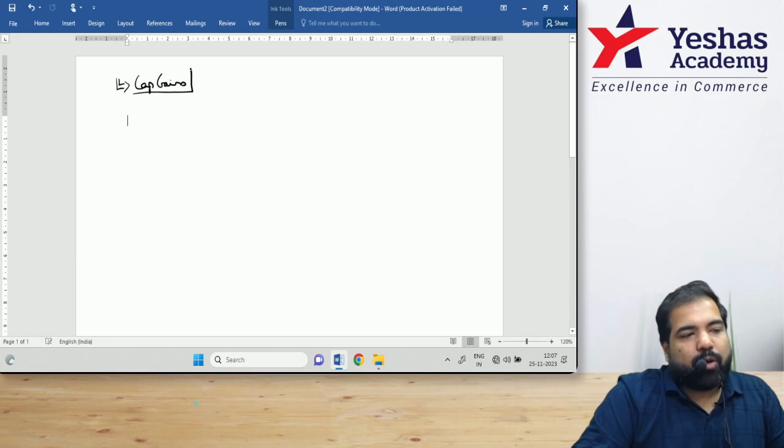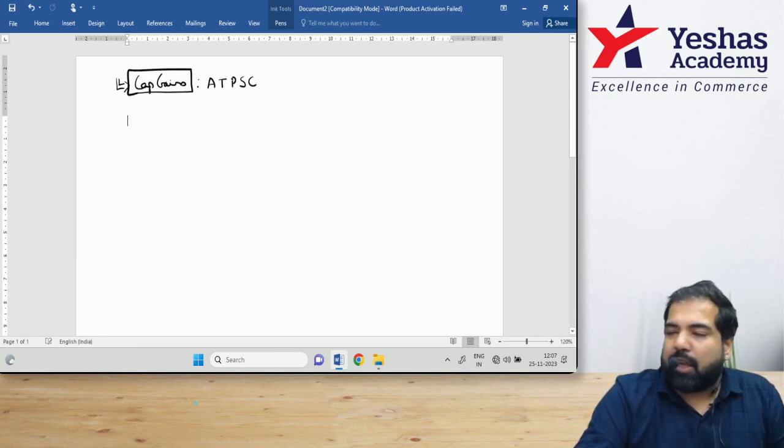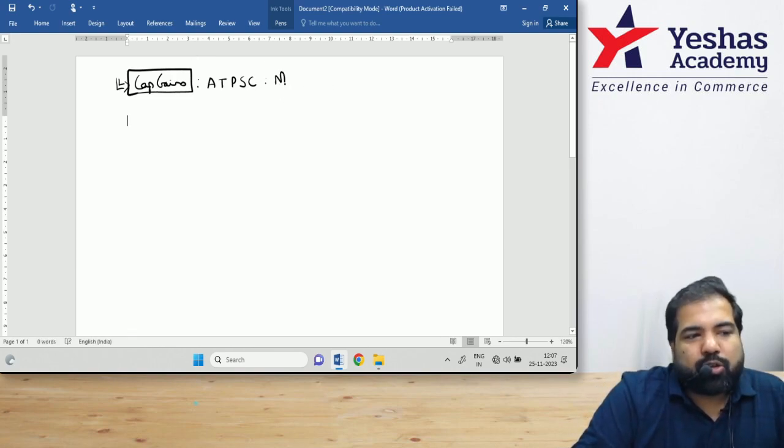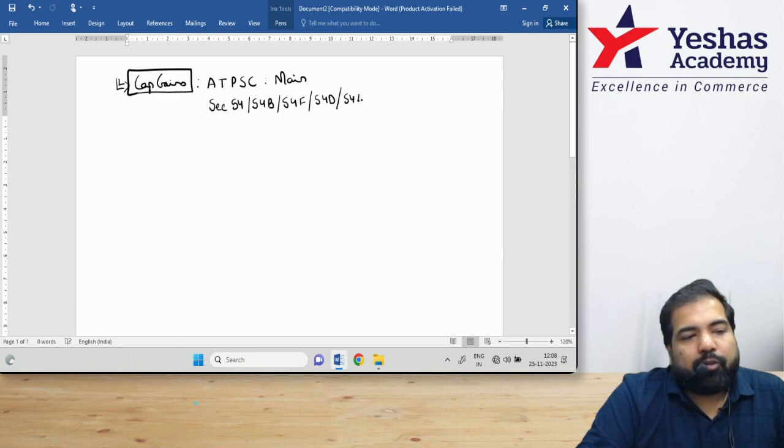Guys, capital gains, what was the shortcut? ATPSC. In fact, if you don't remember too many sections also, I'm good, guys. This is the main shortcut. Then, guys, there was section 54. House for house. 54B. Parent. 54F. Family assets. 54D. Demand. And 54EC. Easy capital gain. Guys, these were all exemption.